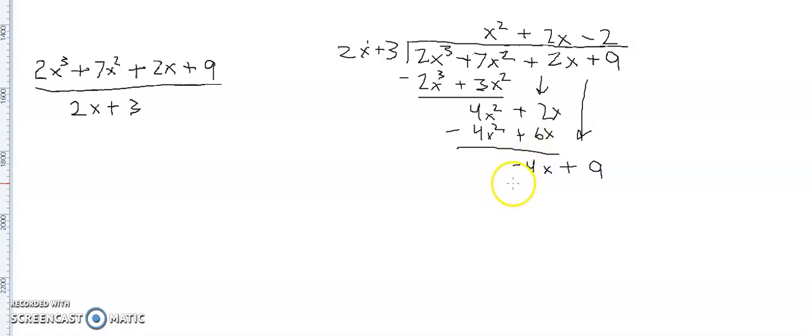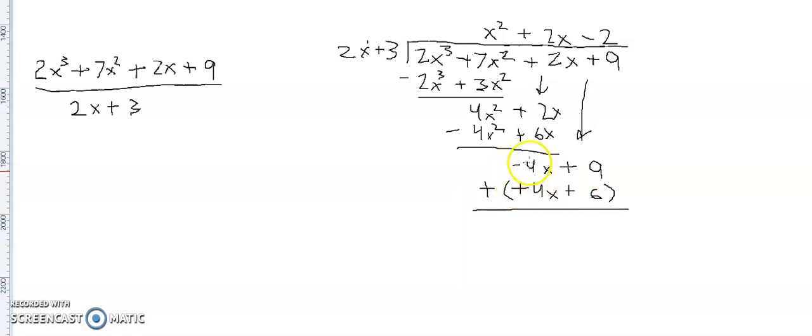So now let's do that. So now we have a negative 4x minus 6. Remember, we're subtracting this whole thing. And a good way to rewrite this, it's helpful, is to rewrite all the negatives as pluses and all the positives as negatives. This is because we're distributing that negative sign right there.